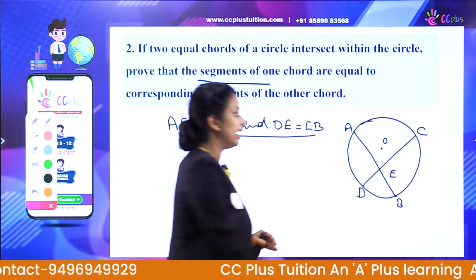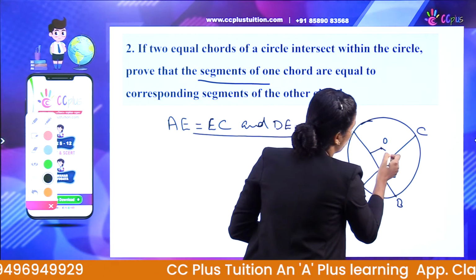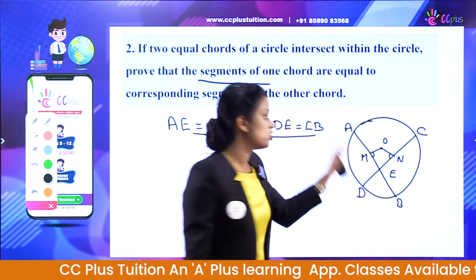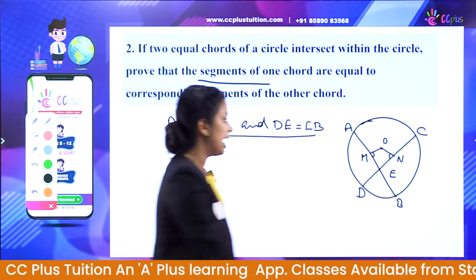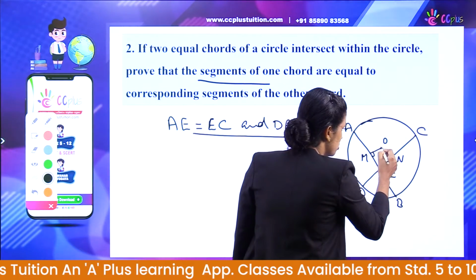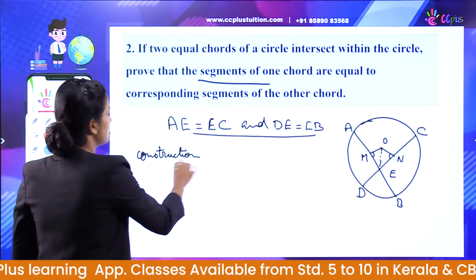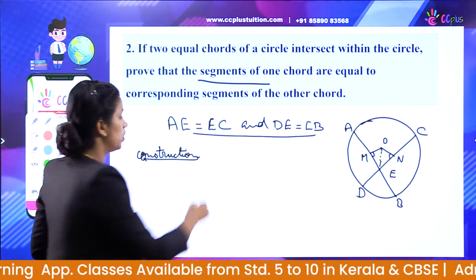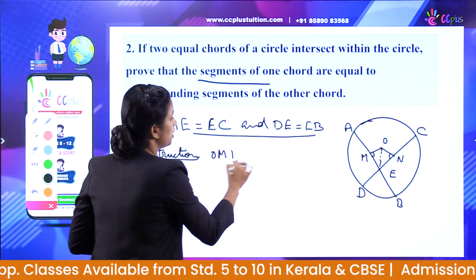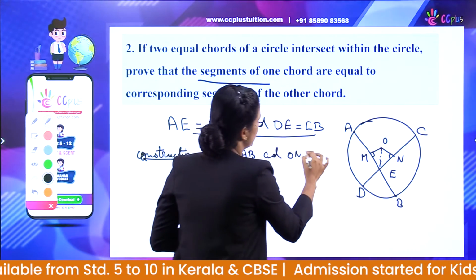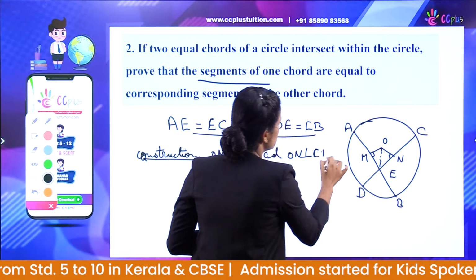For that, first we will draw perpendiculars from the center O to the chords, and we will join O and E. So, this is the construction we did, which means OM is perpendicular to AB and ON is perpendicular to CD.